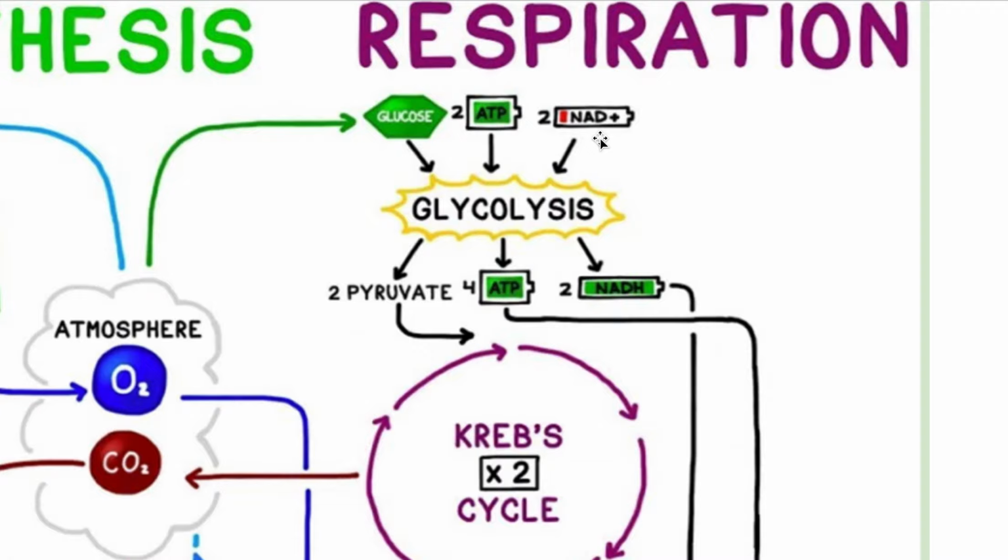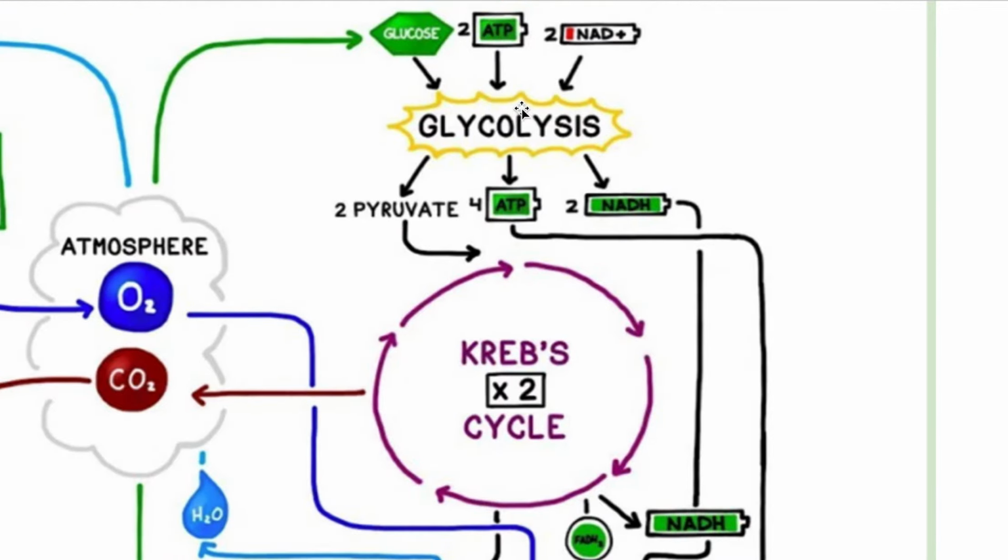So respiration starts off with glycolysis, and it breaks down glucose. In this process, you need two ATP molecules to power this reaction, and also two NAD+, and this makes 2 pyruvate, 4 ATP, and 2 NADH.